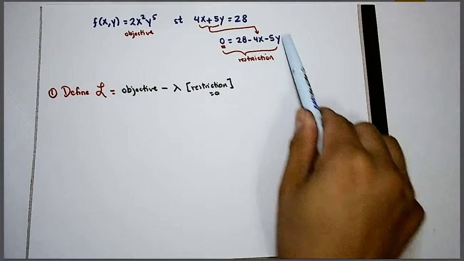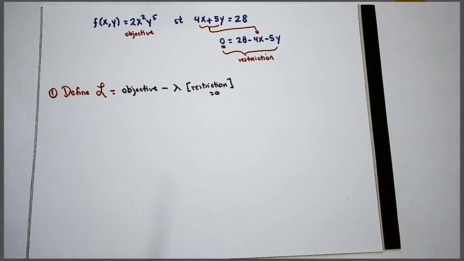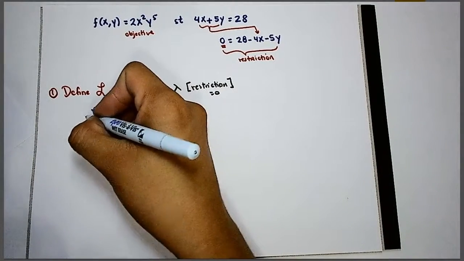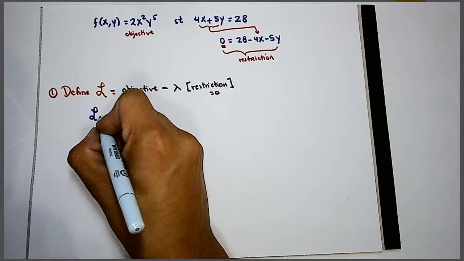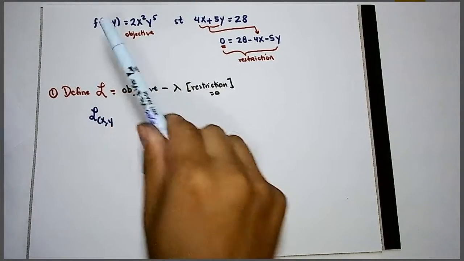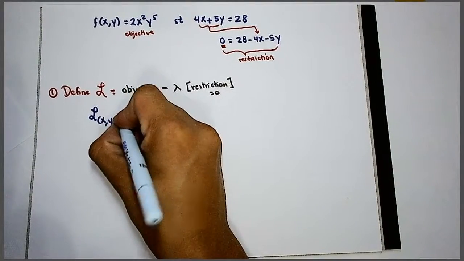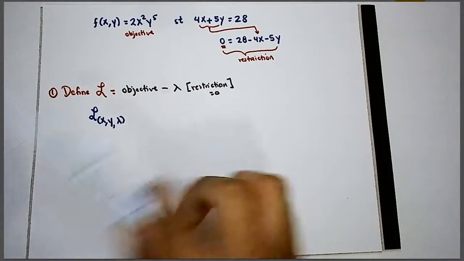So in this form, you need to have it before you implement it in the Lagrange function. In this case, the Lagrange function is a function of x and y, which are the original two variables, and also lambda, which is a new variable that we inserted here.